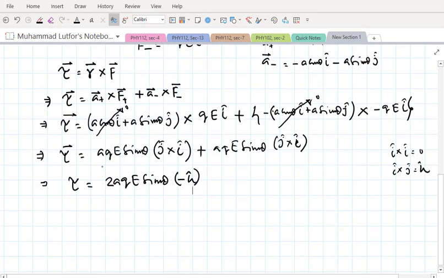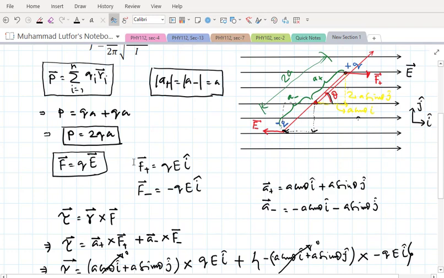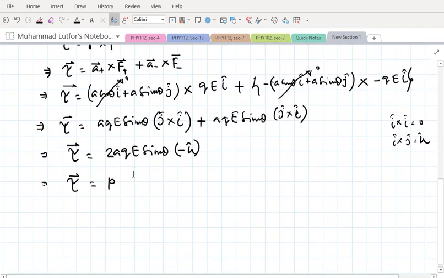Minus basically means moving in the clockwise direction. Then, sorry, this is the vector. Then I can say this torque is basically twice A Q, that is the dipole moment, right, which is p. We found that p is twice Q A. Then I'll find p into E sin theta into minus k. This minus k means the torque is in the clockwise direction.